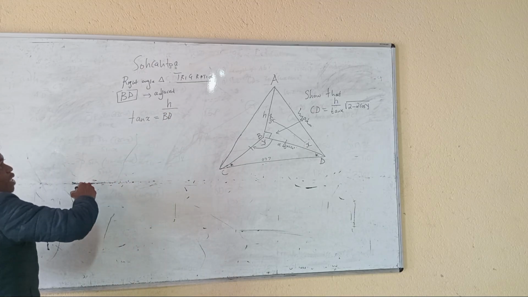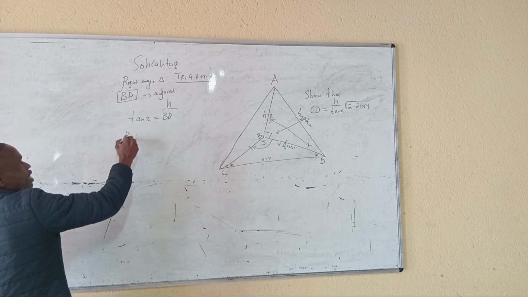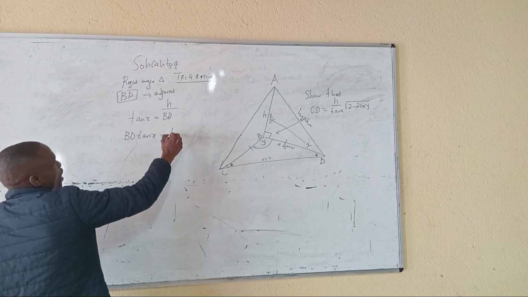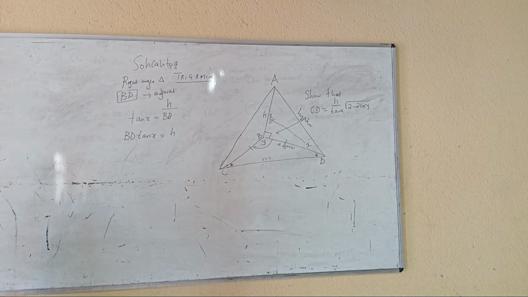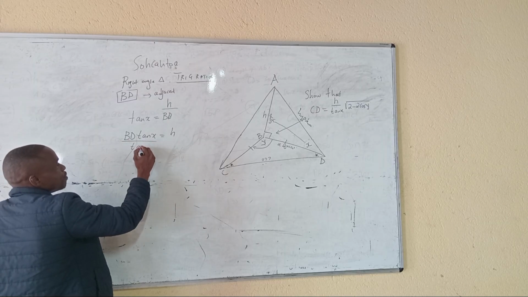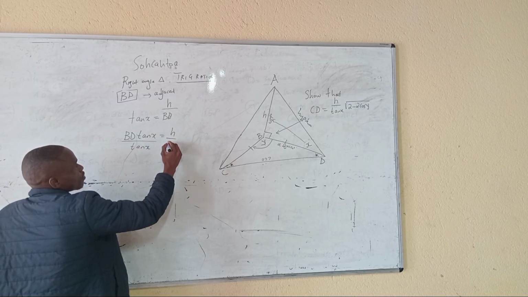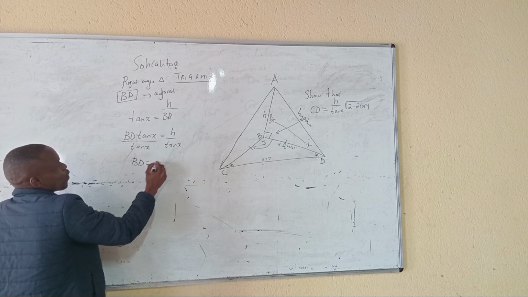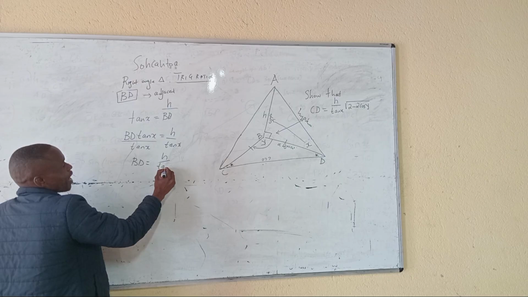If you cross multiply, you will have BD tan x equals h. Then you divide both sides by tan x to find BD. So BD is equal to h over tan x.